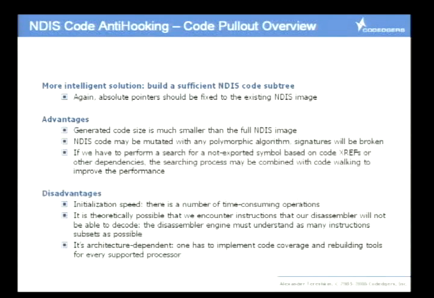When we generate a code subtree, this code may be mutated with any polymorphic algorithm, and this means that all code signatures will be broken. And if some kind of memory scanner will try to detect the NDIS copy, it will fail. The main disadvantage is that this engine is architecture dependent.